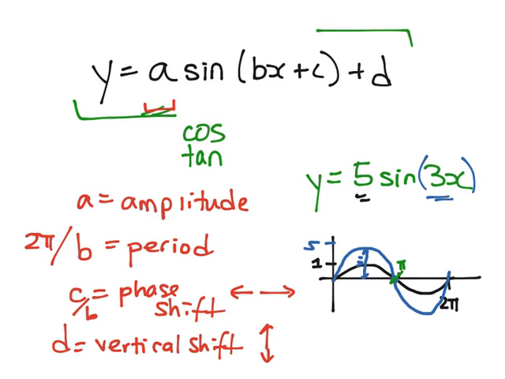The x value of pi over 2 will now have the same value as the x value of 3 pi over 2 used to, which is -1. So we see our function is squishing inwards. So now it looks like this.